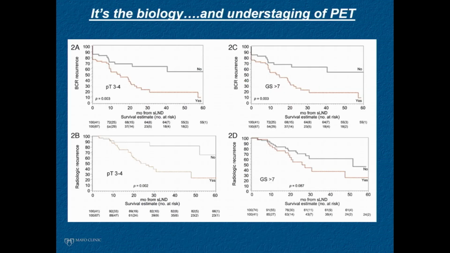And so what were the two main factors that actually predicted a better recurrence freedom? And that was actually the original biology, whether it was a T2 versus a T3 or greater, whether it was a high Gleason score versus low Gleason score. So it's not necessarily our imaging, it's not necessarily our surgery, hopefully, but it's the biology of the disease that predicts recurrence.